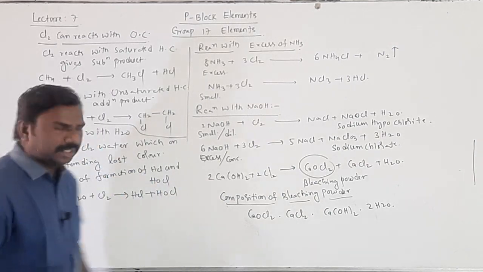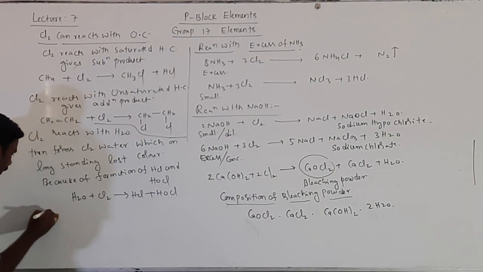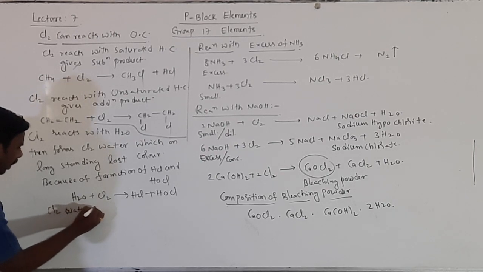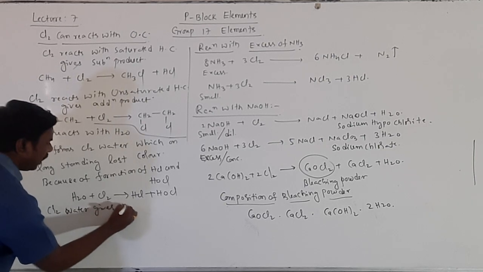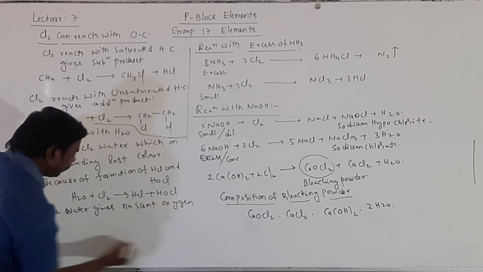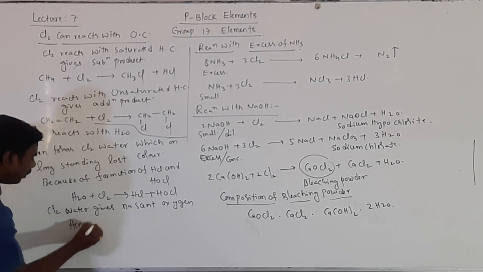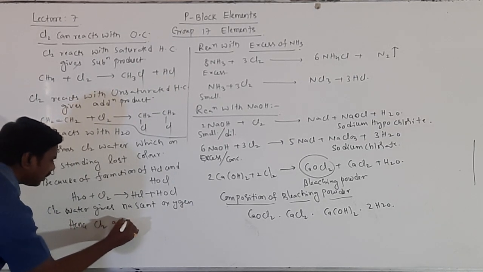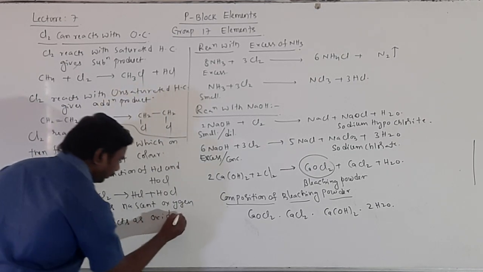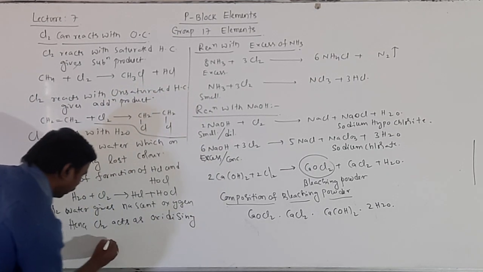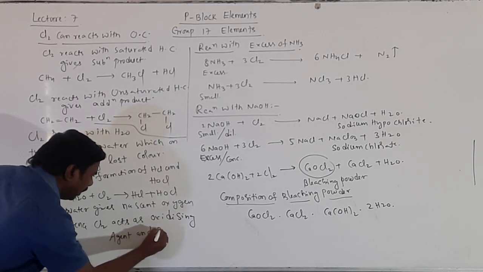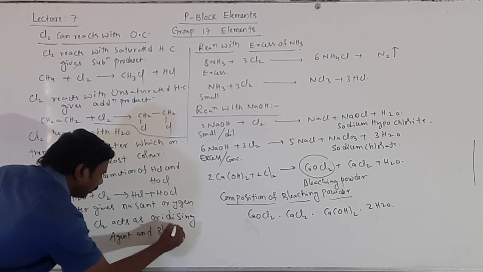So chlorine water gives nascent oxygen, hence chlorine acts as an oxidizing agent and bleaching agent.